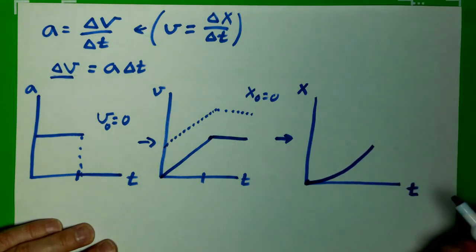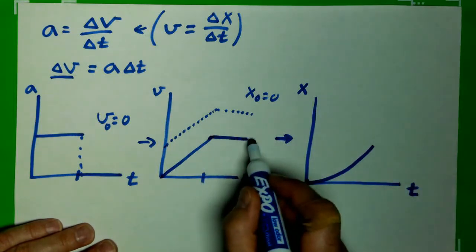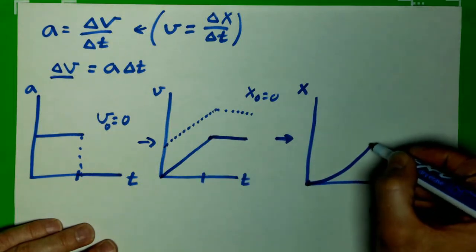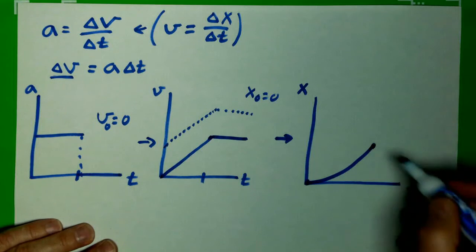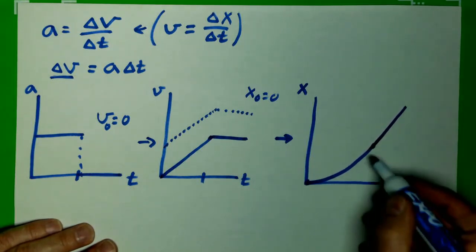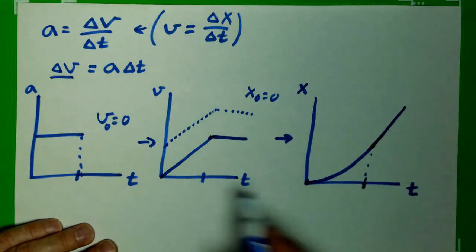Then the velocity stays constant at that value it ended with. So that means whatever the slope was right there has to continue at a constant rate. So there's that time interval.